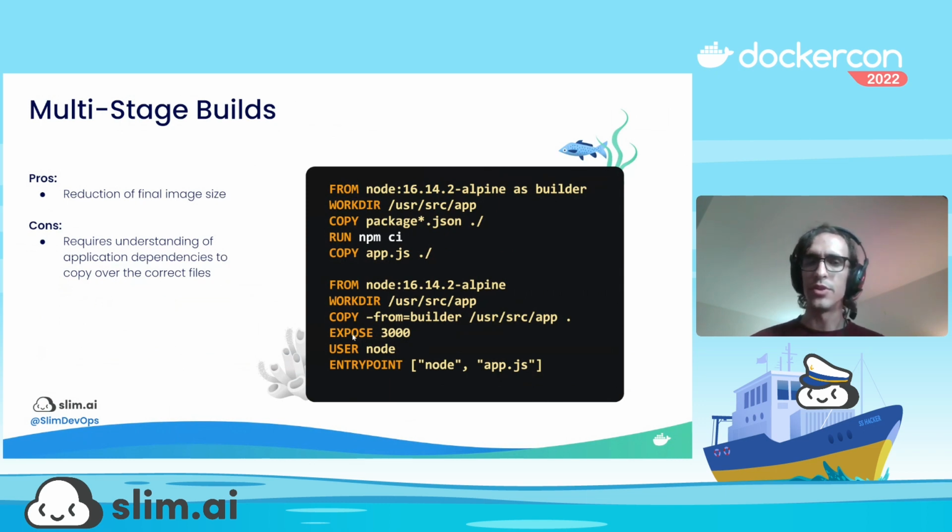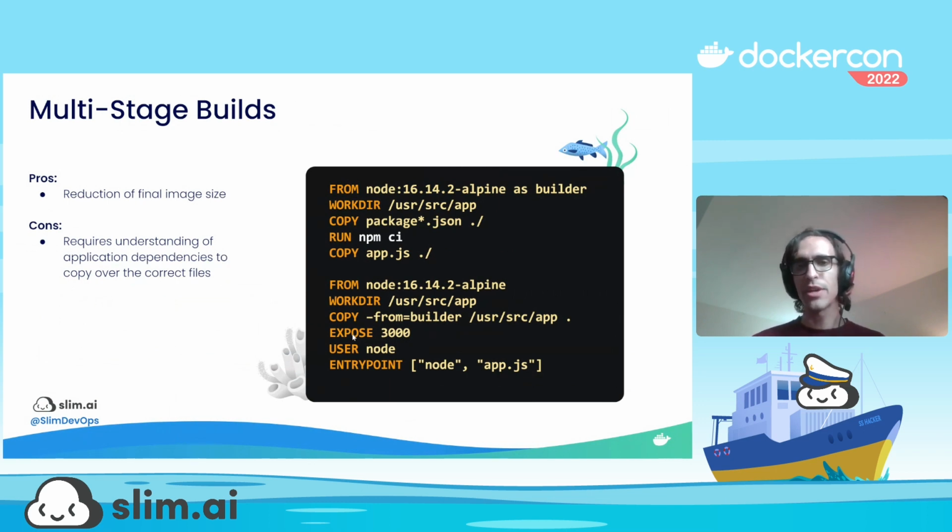What this allows you to do is split up some of the, call it, installation, scripting, setup, processing into your first stage, the builder stage, from the final container, which is effectively the second block of code here.